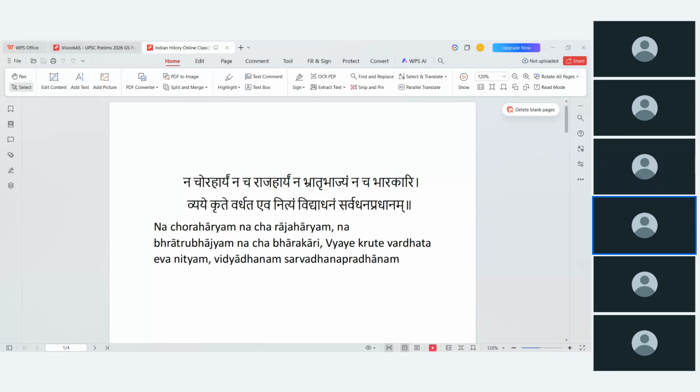Then at 600 BCE, there were new changes. One is the formation of new states, states meaning countries, and new philosophical schools or new religions, that means Buddhism and Jainism.